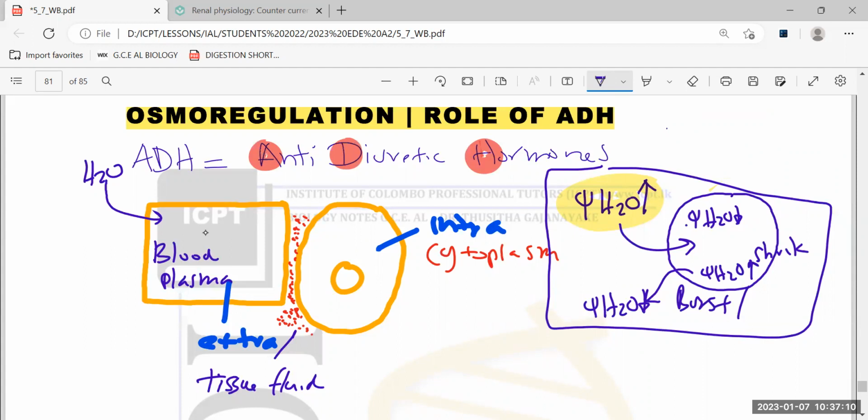So let's say if we quickly drink 2 liters of water, then the water potential is really high. If we drink 3 liters of water within like 30 minutes, the water potential is really high.